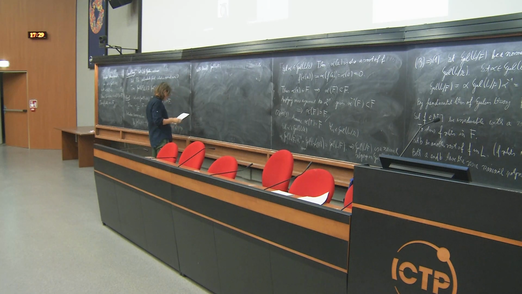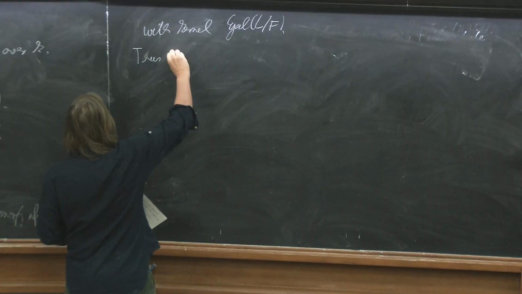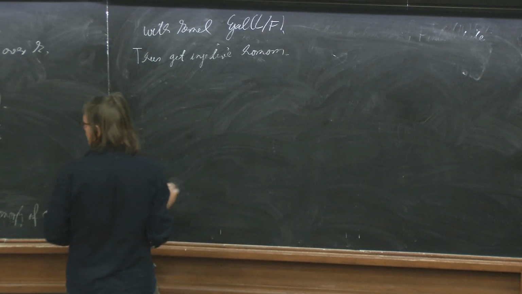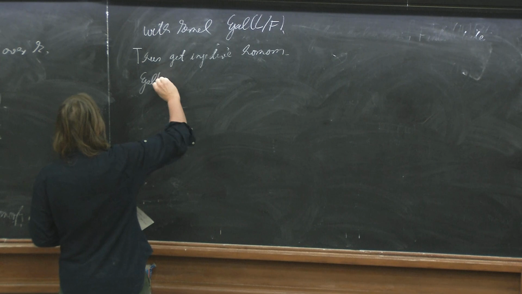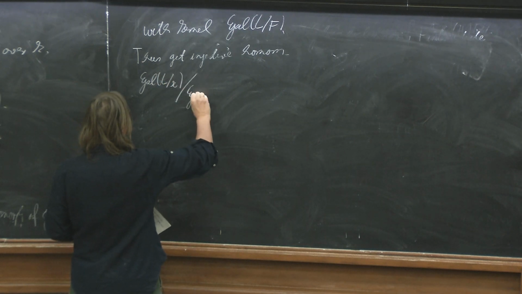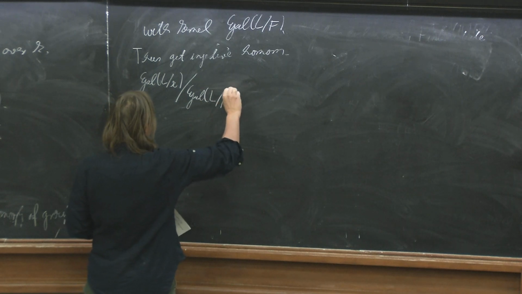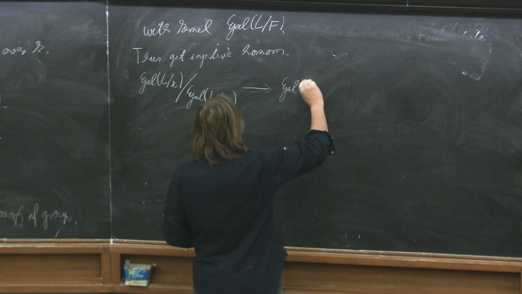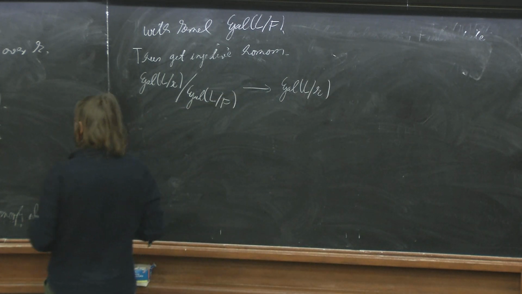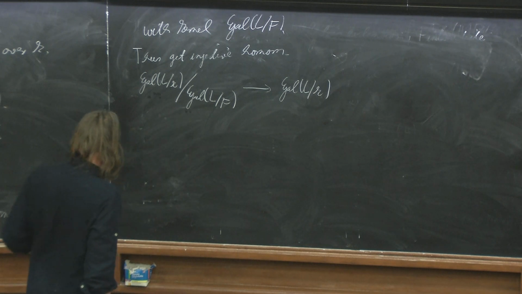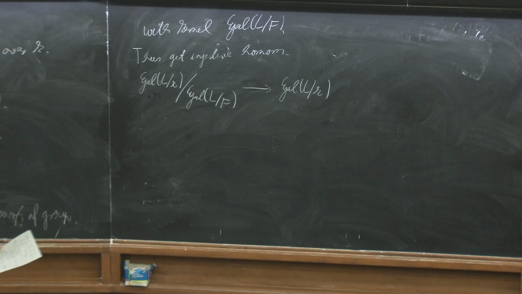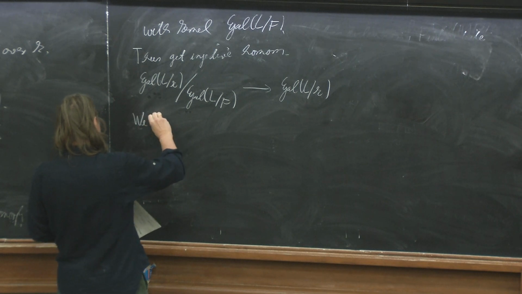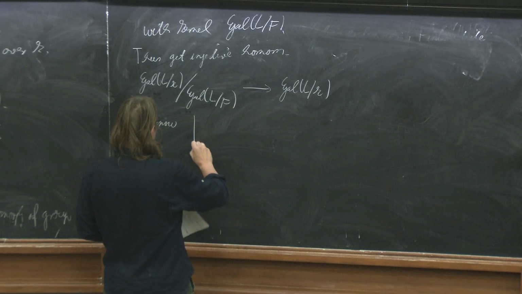So thus we get an injective homomorphism from this quotient, the Galois group of L over K divided by the Galois group of L over F, to the Galois group of F over K, just sending the equivalence class of alpha modulo this to the restriction of alpha to F. But now I claim these have the same number of elements. How many elements does this quotient have?